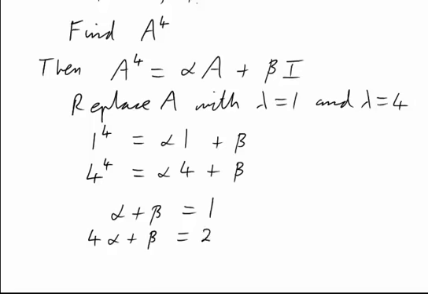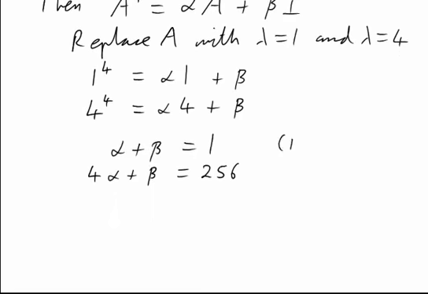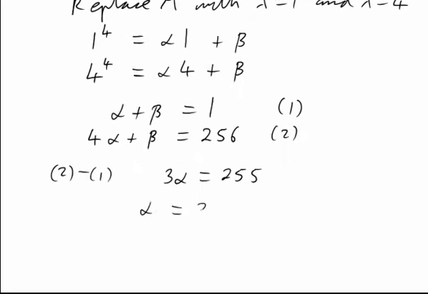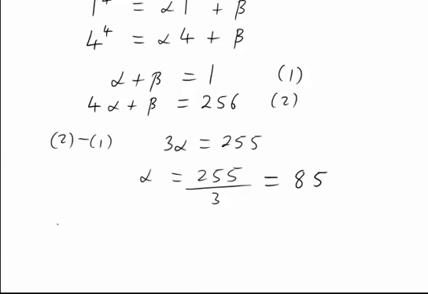That's 16 squared, which is 256. If we mark those equations as number 1 and 2, and we do 2 subtract 1, that gives us 3 alpha equals 255. So alpha is 255 divided by 3, which is 85. Then going back to, say, equation 1, we see that beta must be negative 84.